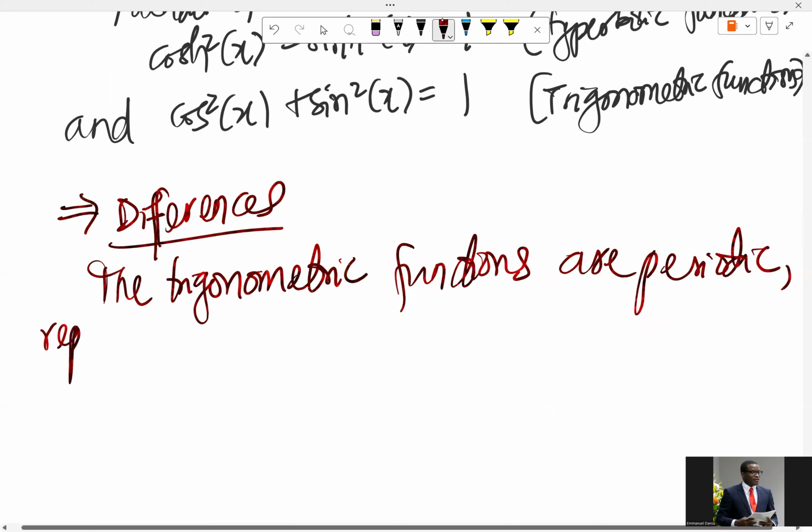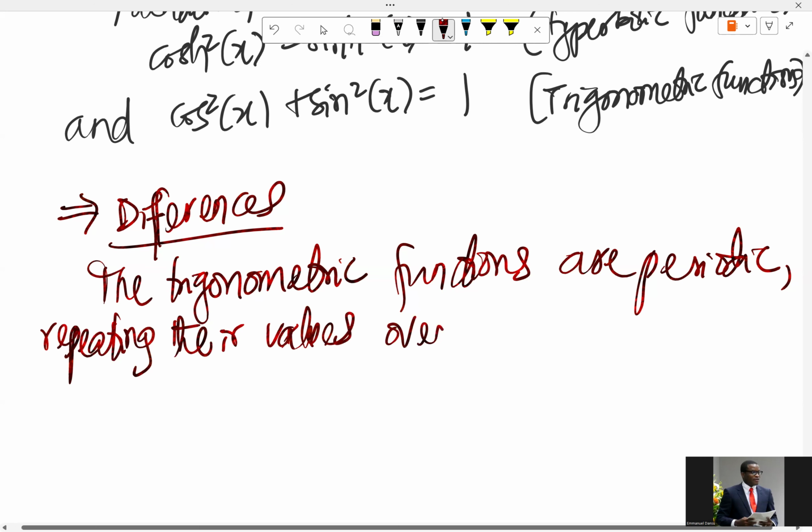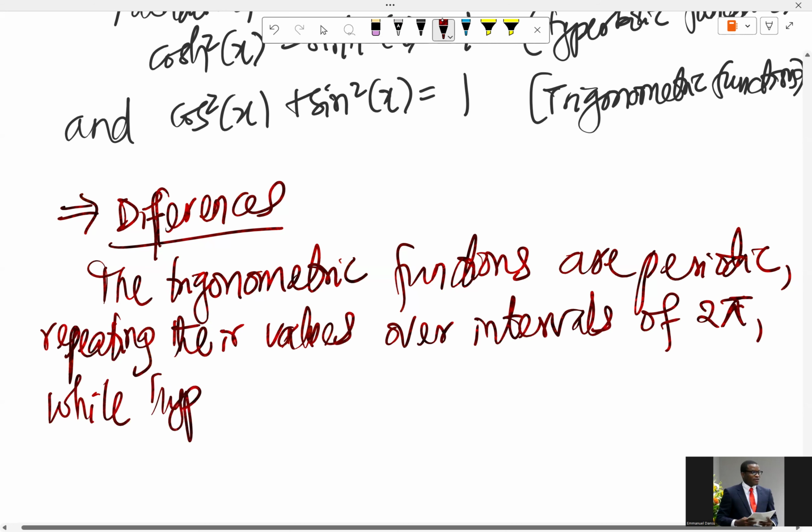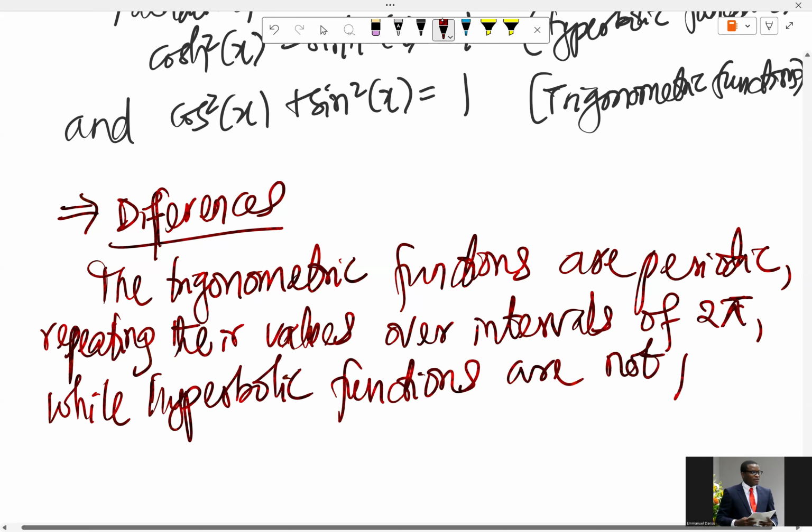And that means that they are repeating their values over intervals of 2 pi, while hyperbolic functions are not periodic. They are not periodic. Okay.